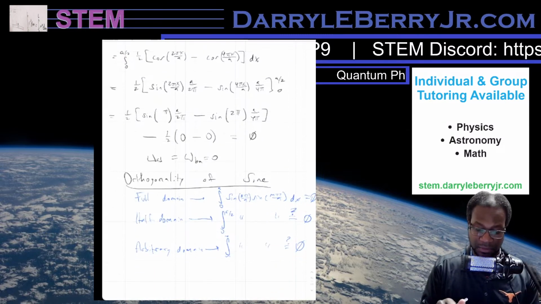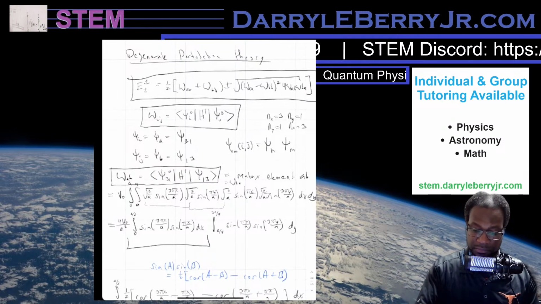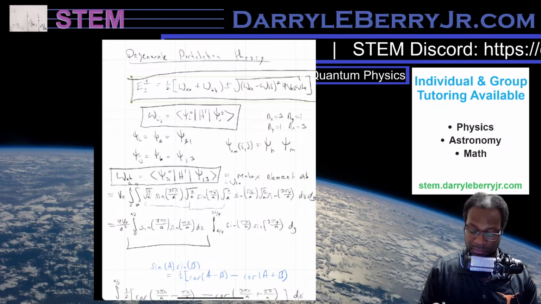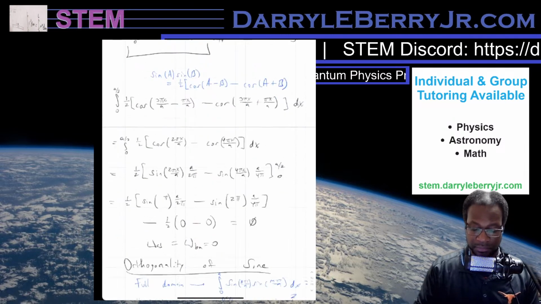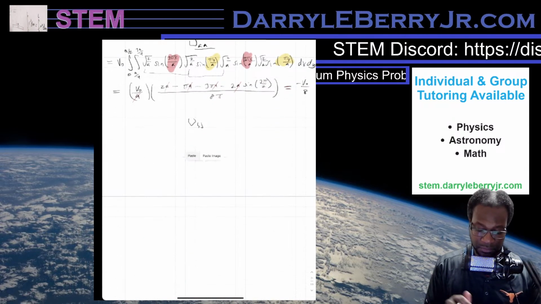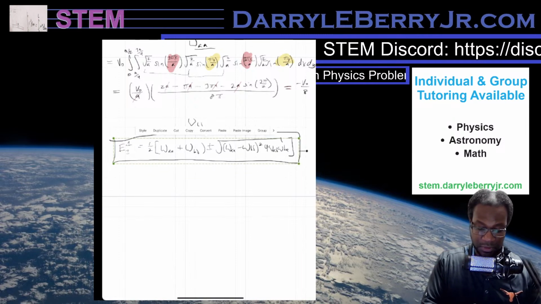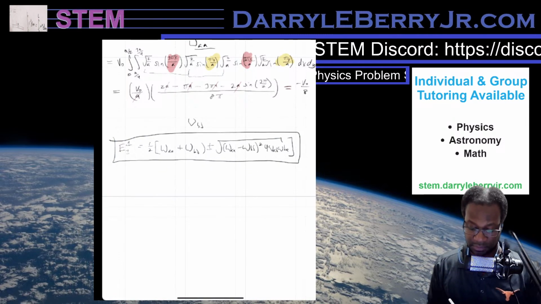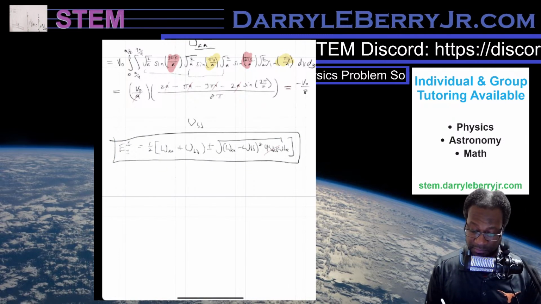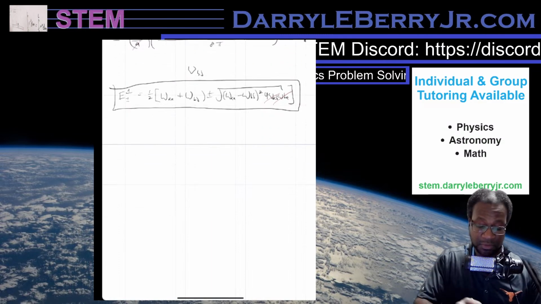So look at this equation. WAB and WB is 0.